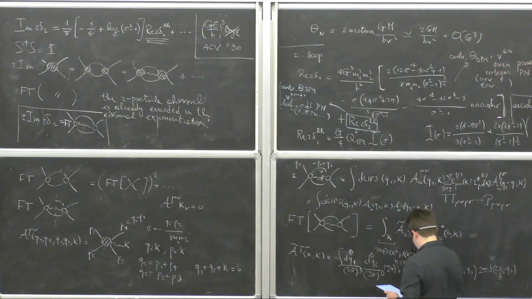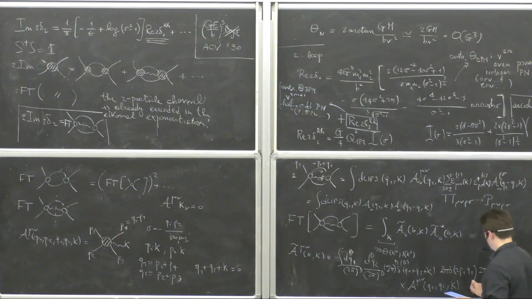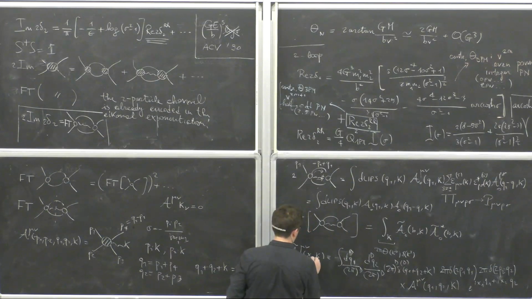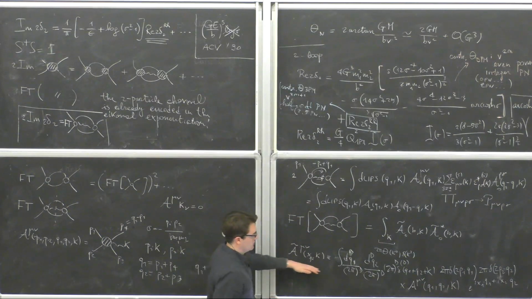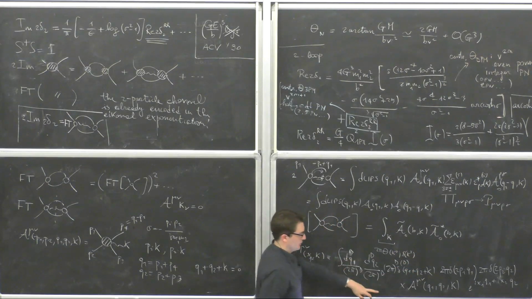times the amplitude, which is a function of Q1, Q2, and K, but of course it's only defined on the mass shell condition, e to the I x1 dot Q1 plus x2 dot Q2. And here there is an x1 and an x2. Now what I mean by just A of B instead of A of x1, x2 is that B is going to be x1 minus x2.